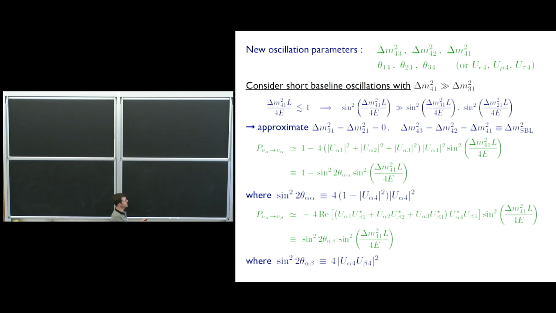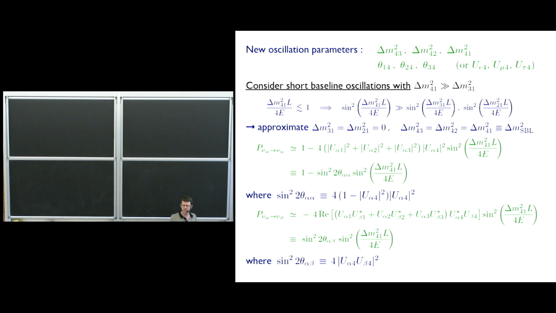And I am in experimental conditions such that the argument of the sine in the oscillation formula, delta m squared 4 1 L over 4E, is of order 1 or smaller. In that case, what I can say is that this oscillation factor, sin squared of delta m squared 4 1 L over 4E, is going to be much larger than the one corresponding to atmospheric and solar neutrino oscillation, let's say, delta m squared 3 1 and delta m squared 2 1.